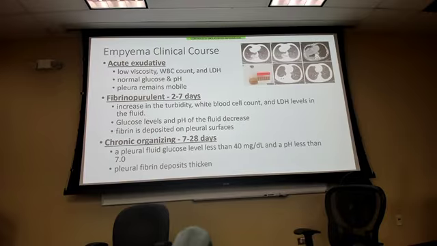So the first phase is you have an acute exudative formation. It's a pleural effusion, okay? It's just fluid, it's exudative, and it's starting to become infected. You're going to have low viscosity, you're going to have a white count within that fluid, you're going to have an LDH, but normal glucose, normal pH.